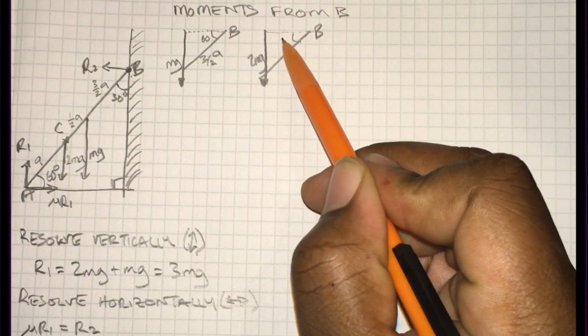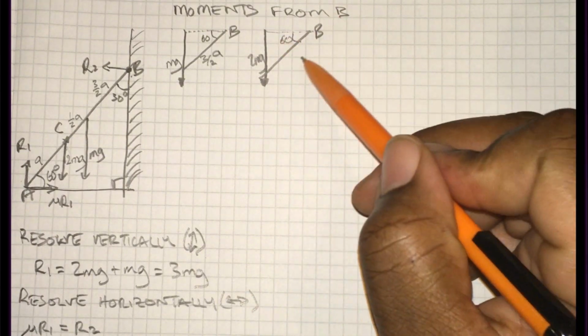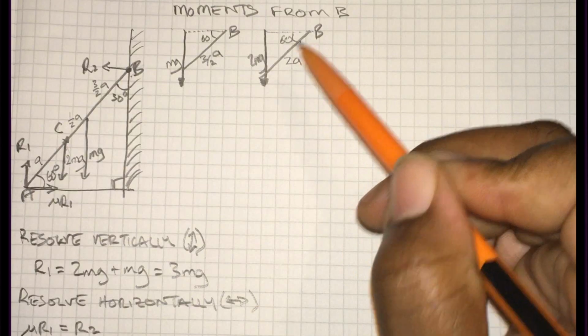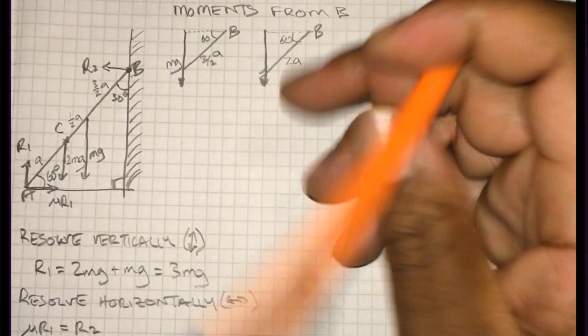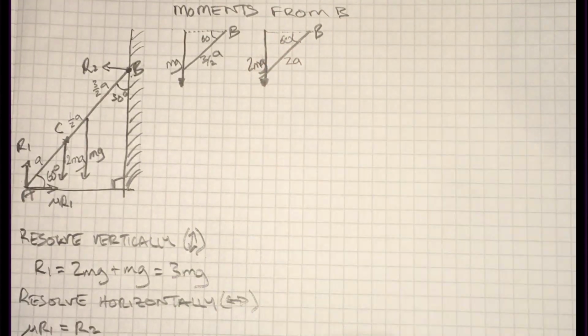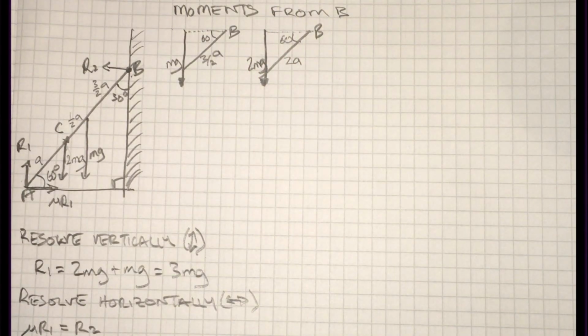For the force 2mg, a similar thing. That was going to be 2a in distance, so for the hypotenuse, and I've shown the force and the angle. Okay, so both of these are going to be anti-clockwise forces.